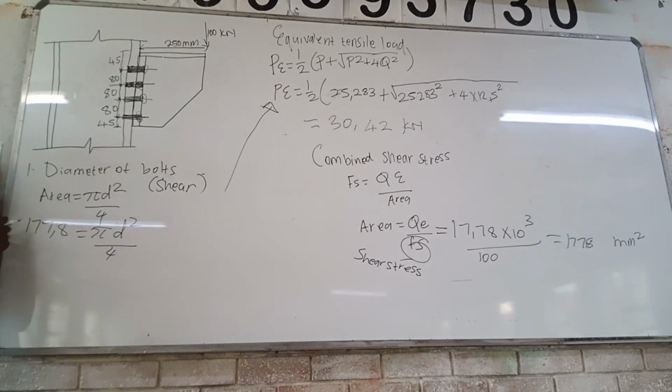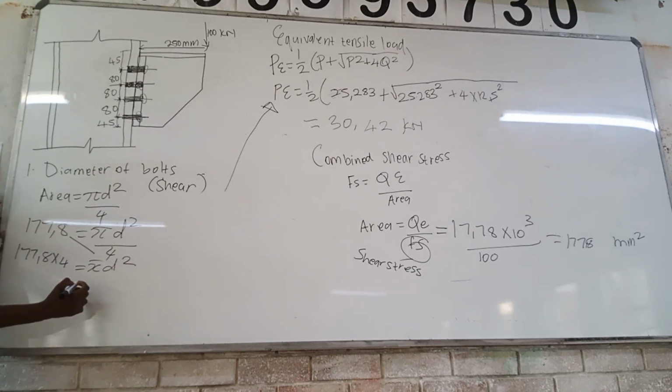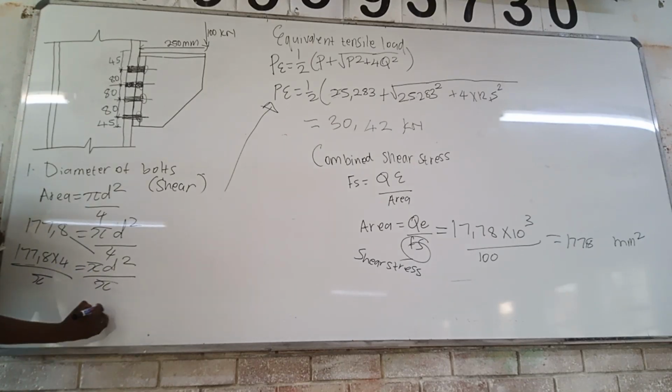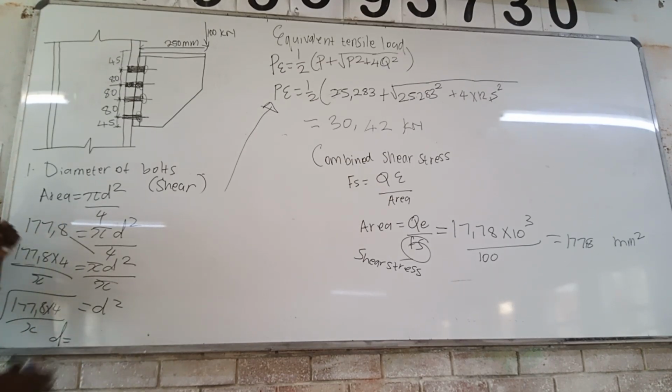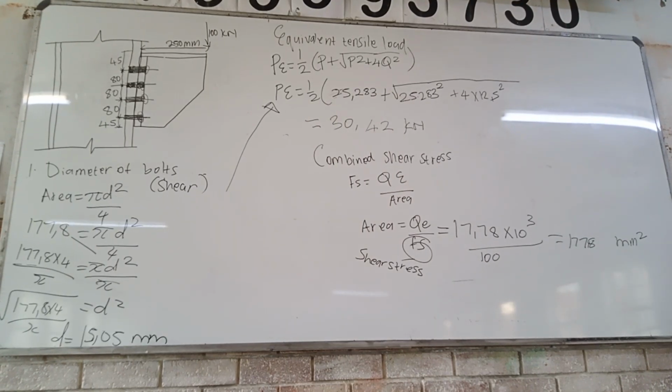What do we do from here? 177.8 times 4 is equal to pi d squared. Then divide both sides by pi. d squared is equal to 177.8 times 4 divided by pi, and we take the square root. What is our d? We got 15.05 millimeters.